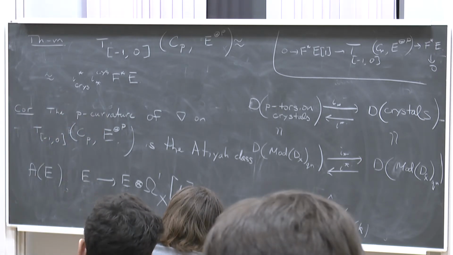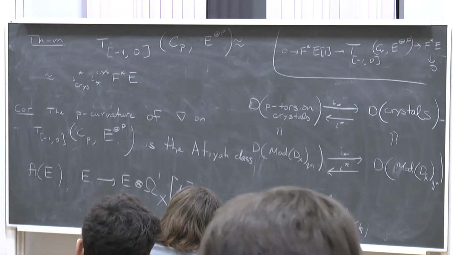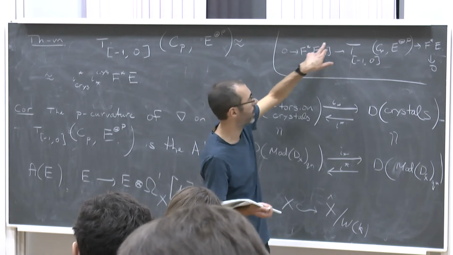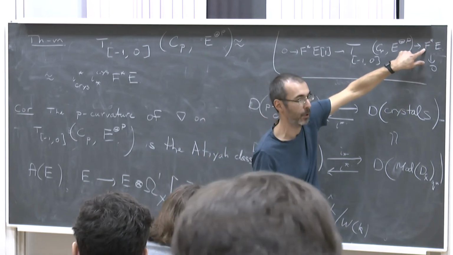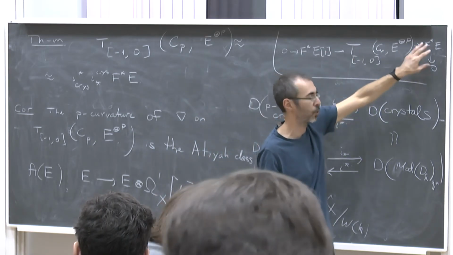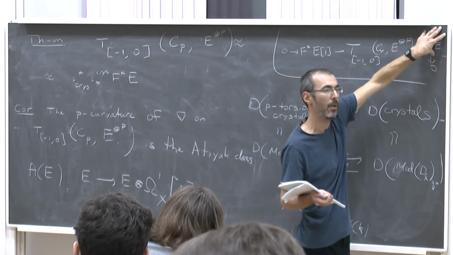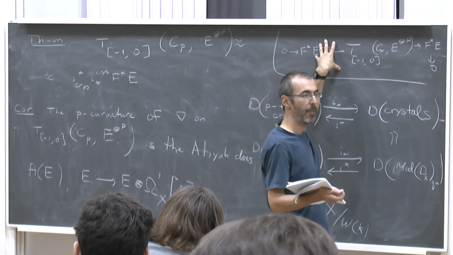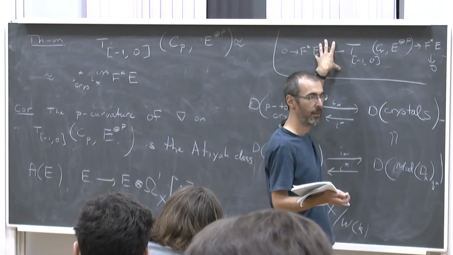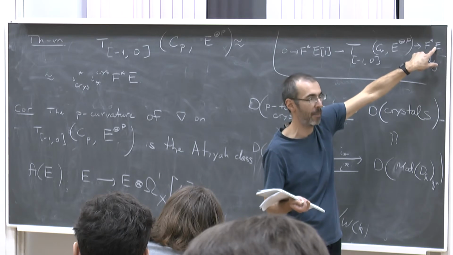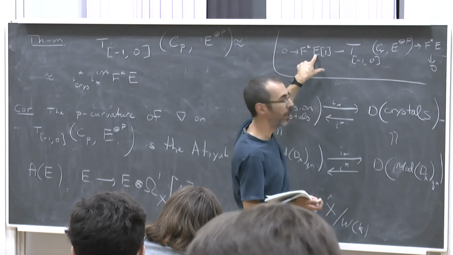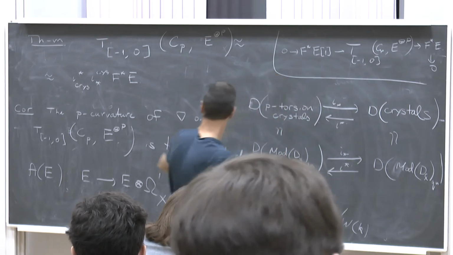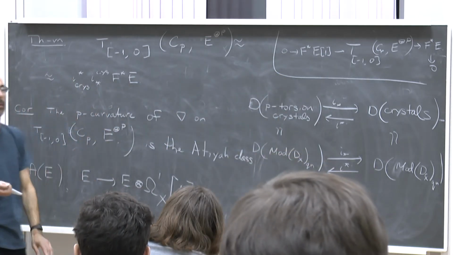So what does it mean? The p curvature is on this guy. So this has zero p curvature. This also has zero. So the p curvature is really a map from this quotient to this guy. And the p curvature is flat. So it is actually given by a map from E to E shifted by 1 and twisted by omega 1.